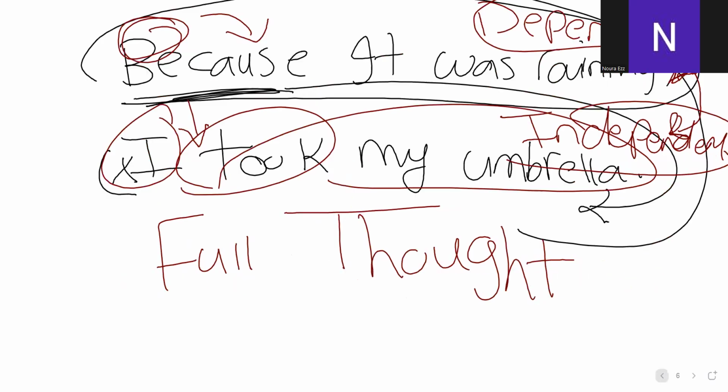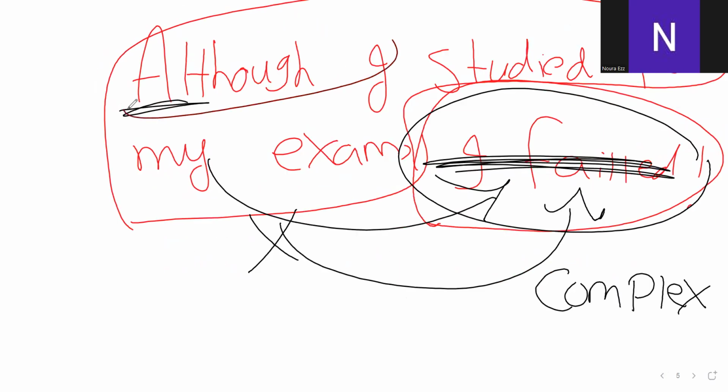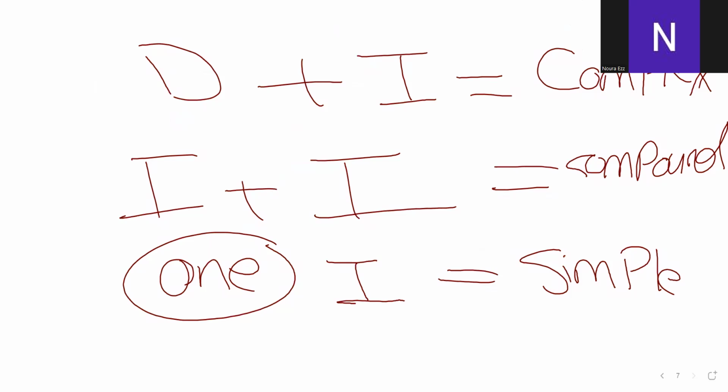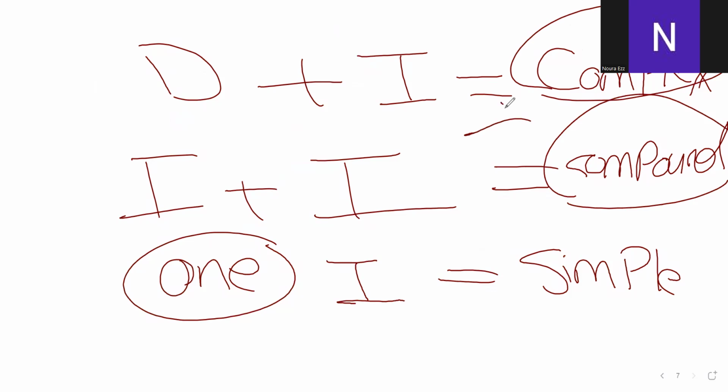And by the way, most of the time you will see the words because, although, while, if, and all of these conjunctions in the sentence that is complex, not the compound. In the complex, you would see although, however, if, and these conjunctions, which are the subordinate conjunctions. But in the compound, you would see the fanboys: for, and, or. So let me tell you that too.